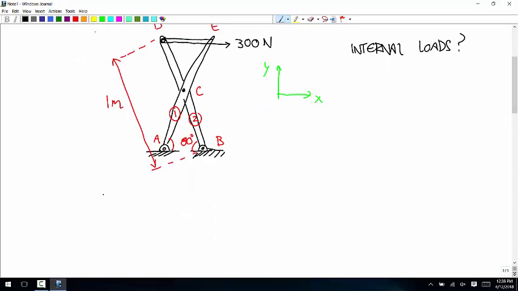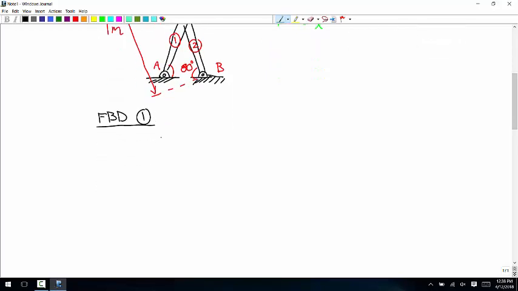So I'm going to start with a free body diagram of member 1. At the pin, there's a force vector RA. At the pin in the middle connecting the two, there's a force vector F12.